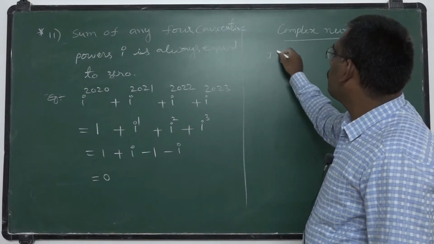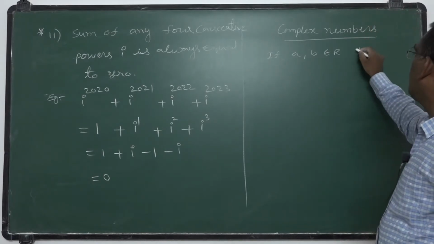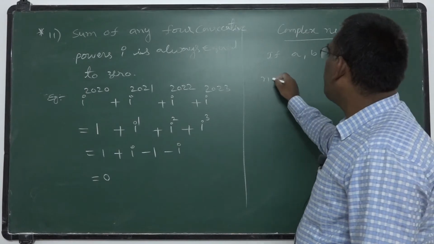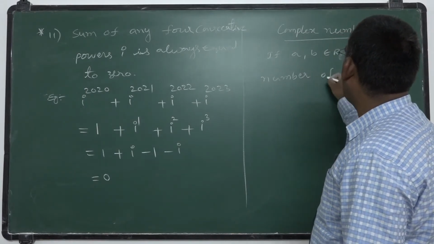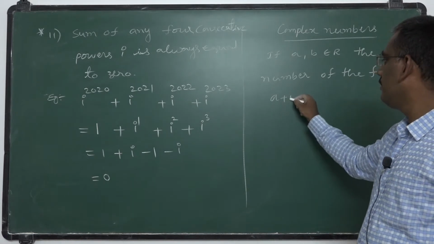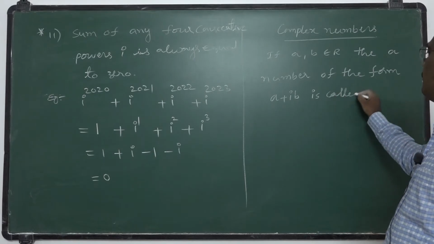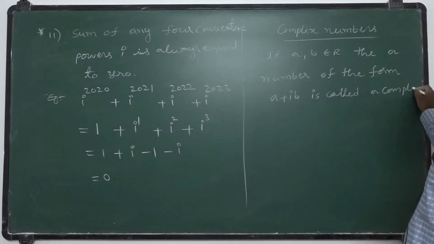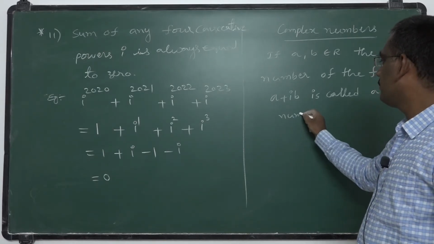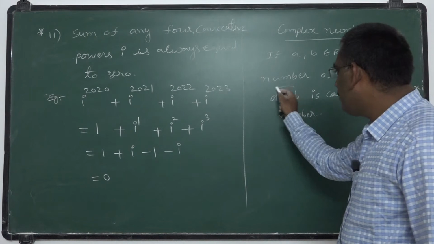If a, b belongs to R, then a number of the form a plus ib is called a complex number. So a plus ib is called a complex number.